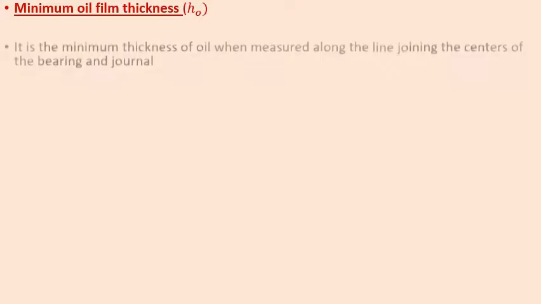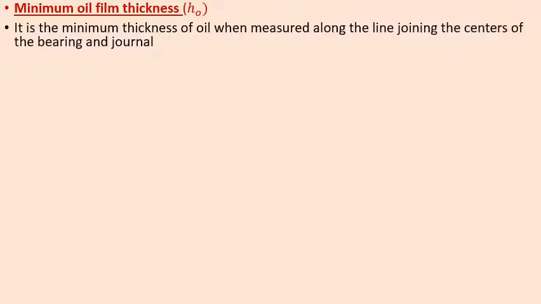Next is minimum oil film thickness, denoted by H naught. So it is nothing but the minimum thickness of the oil film when measured along the line of centers, or the line joining the centers of the bearing and the journal, as can be seen from the figure. It is also denoted by H suffix minimum, H minimum.